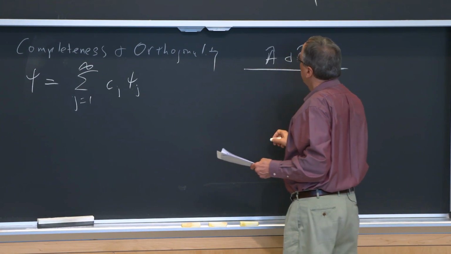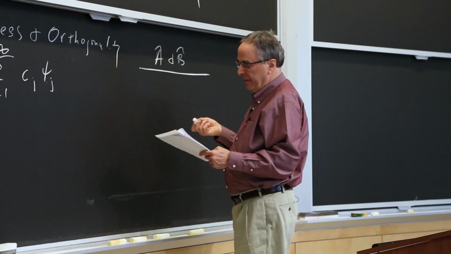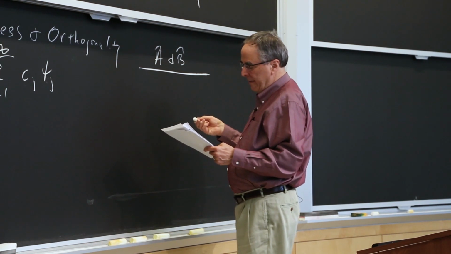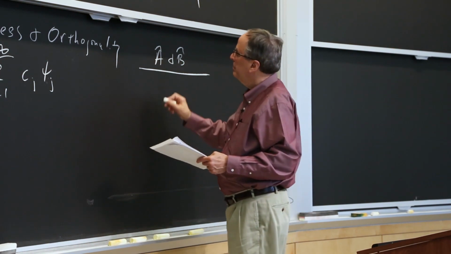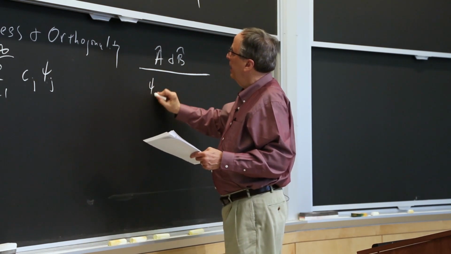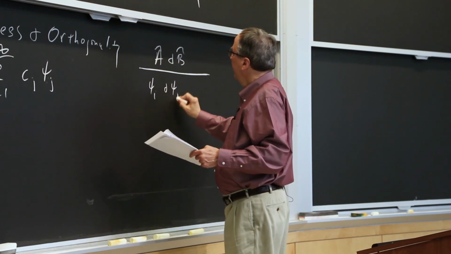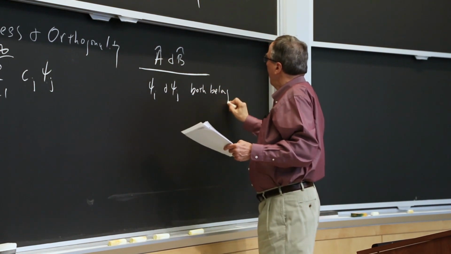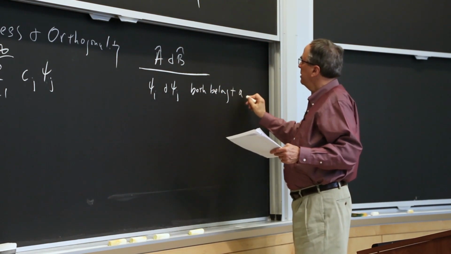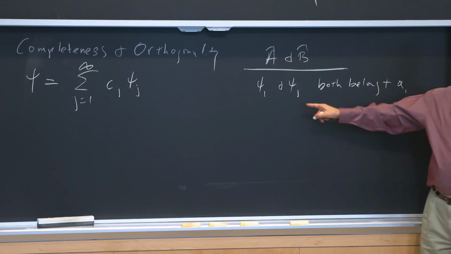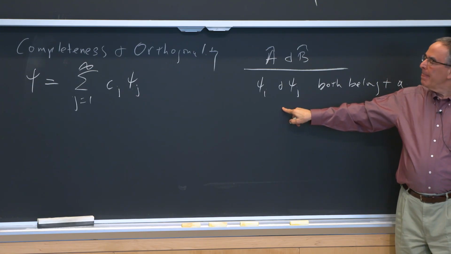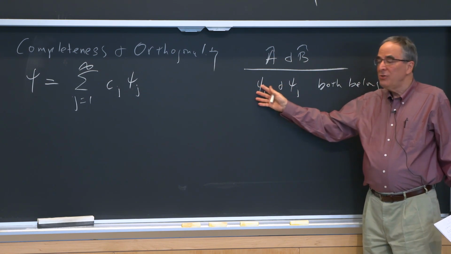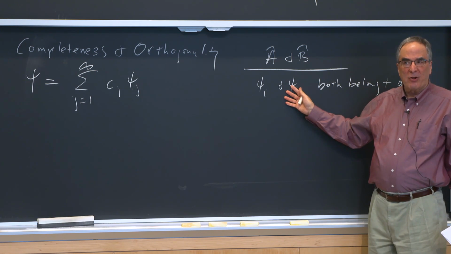So suppose we have psi i and psi j both belong to A sub i. So they both have the same eigenvalue. Well, in that case, we cannot be sure that these two functions are orthogonal.